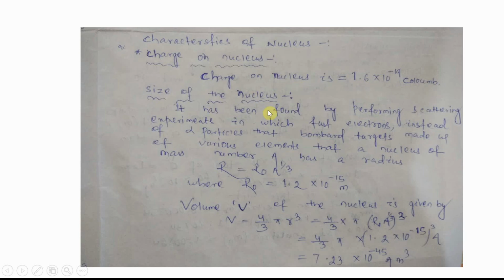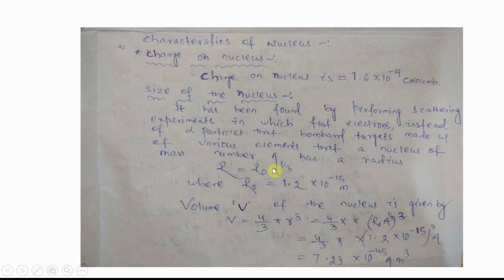Then come to the size of the nucleus. It has been found by performing a scattering experiment, in which fast electrons, instead of alpha particles, bombard targets made up of various elements, that a nucleus with mass number A has a radius. It is just the experimental observation that the radius is directly proportional to the atomic mass to the power 1 by 3.